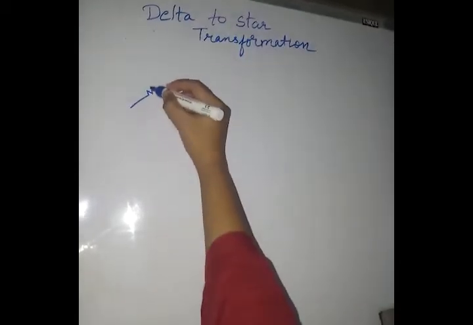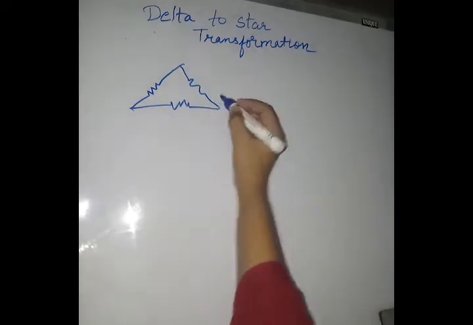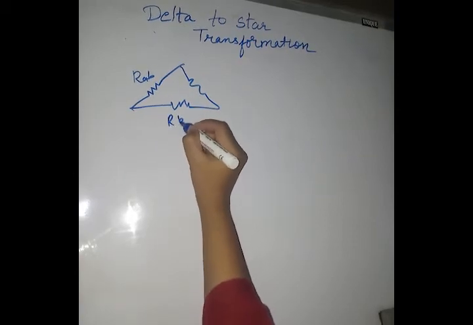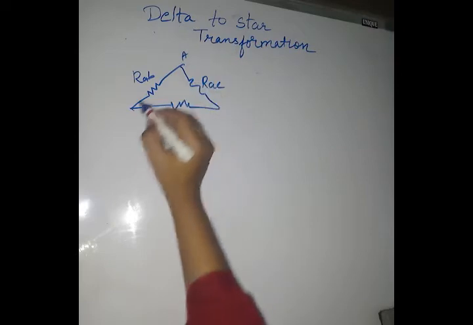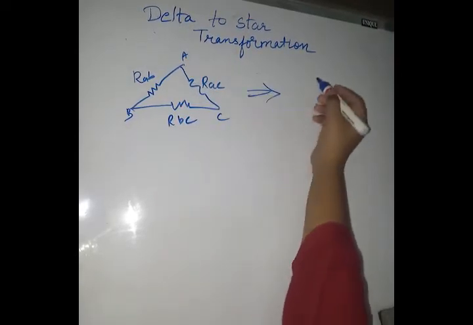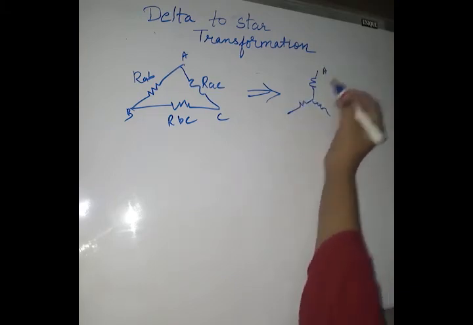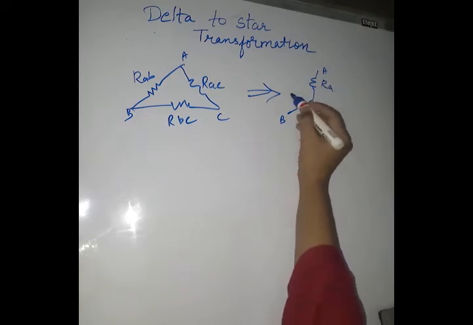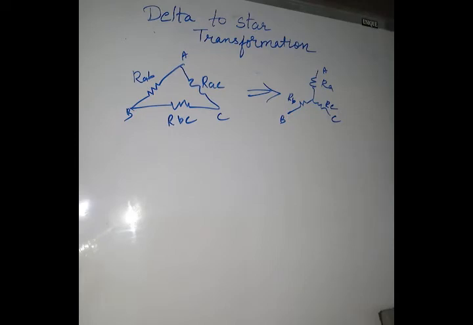So let's again draw the small circuit here. So this is RAB, RBC and RAC, A, B, C, and we are in conversion of star, that is A, B, C, RA, RB and RC.